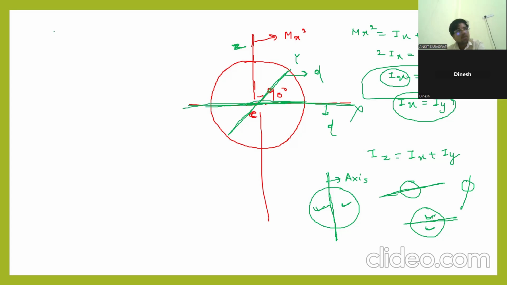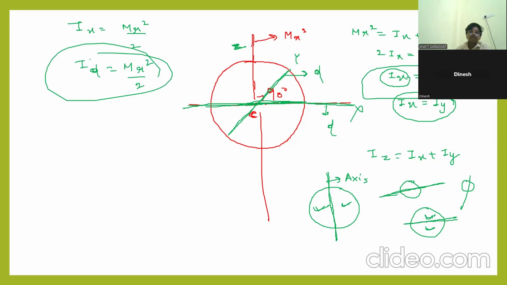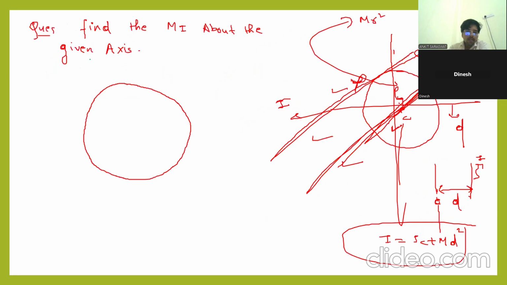So we can say the Ix which I have calculated, MR square by 2, is the moment of inertia about the diameter. Any doubt? No, sir. Moving to the next question.